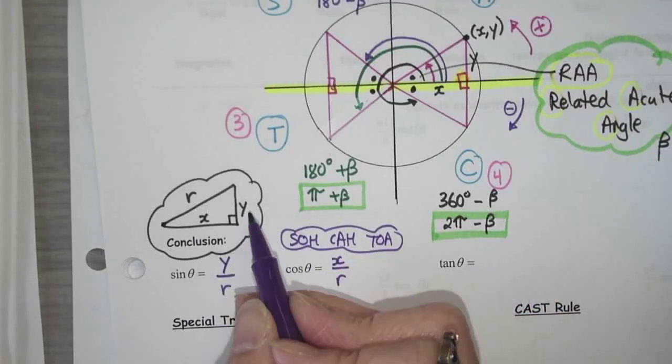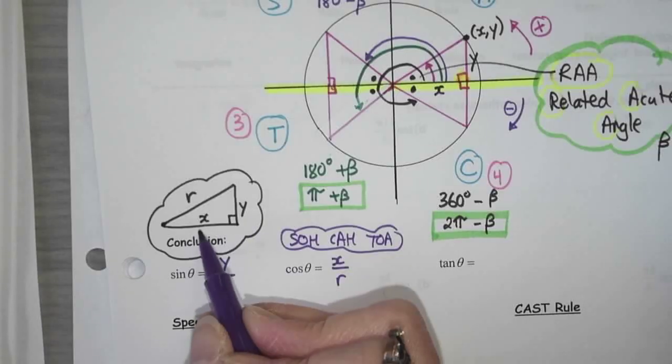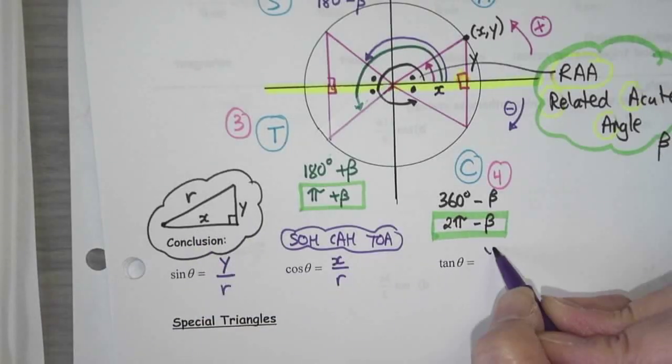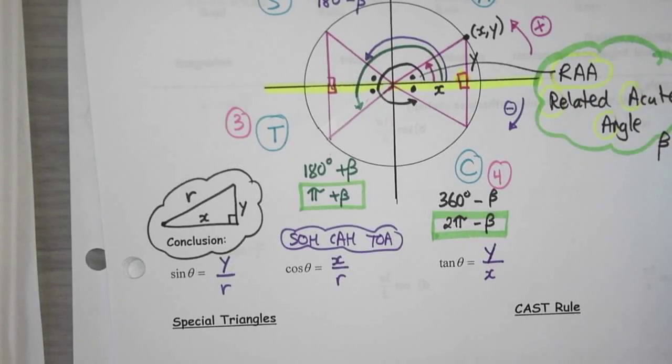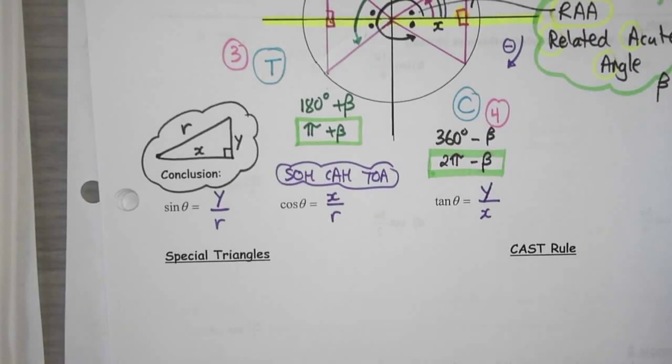And tan is TOA, opposite over adjacent, so it'll be y over x. All right, get all that back into your head. CAST rule, related acute angle, how to get the terminal arm, all that stuff, and then this nice little ratio.